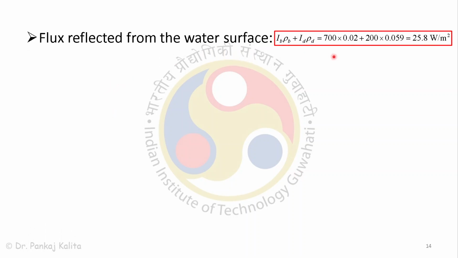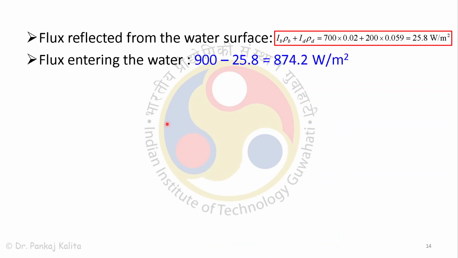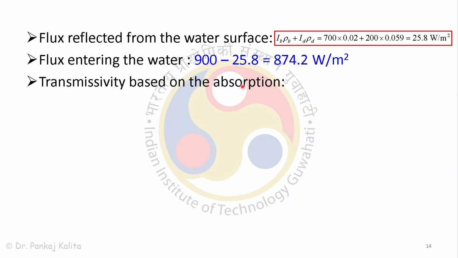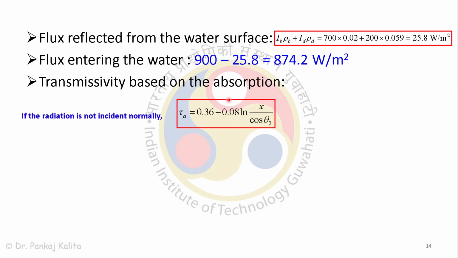Then the flux reflected from the water surface can be calculated as we have seen in the previous slides. Whatever is coming and reflected, the flux entering the water can then be calculated. Transmittivity based on absorption is T alpha equal to 0.36 minus, that is the law which we have seen here. So you use this value.